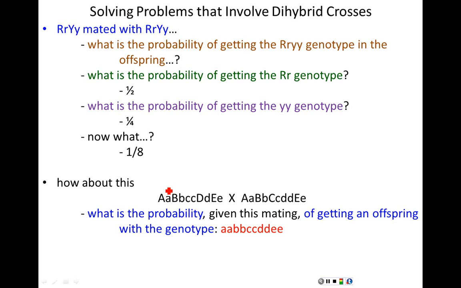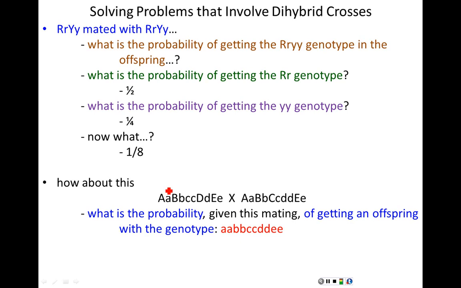You take a look at this and you say, oh man, is he crazy? Well, we've been talking about this for not even an hour, and he expects me to do this problem? But you can. Calm down, take a deep breath, and break it down into the individual monohybrid crosses.